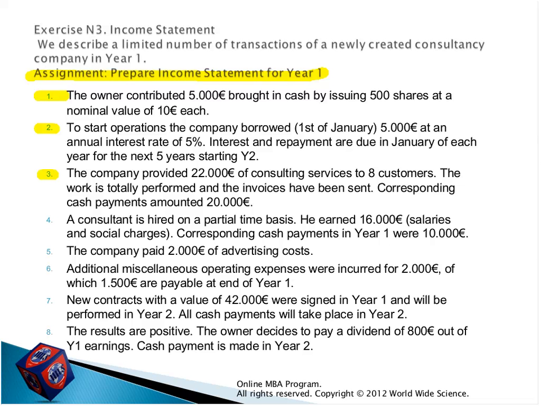And the corresponding cash payments amount to 20,000 euro. So here it says the owner collected only 20,000 in cash, but it's very important that he performed the services for 22,000. That means we have to recognize 22,000 euro, because this is the whole revenue from the consulting services which was made.